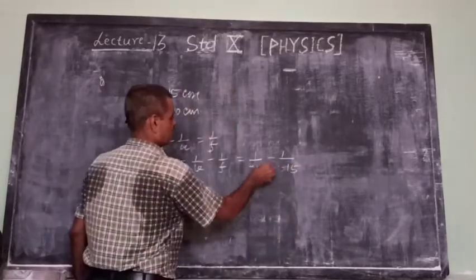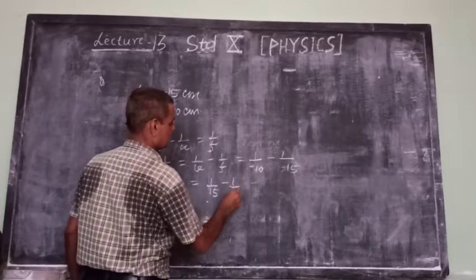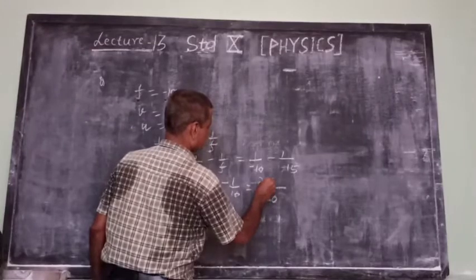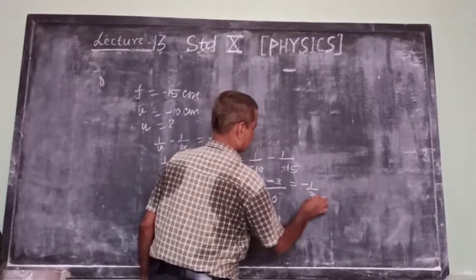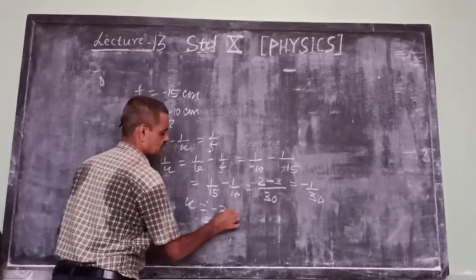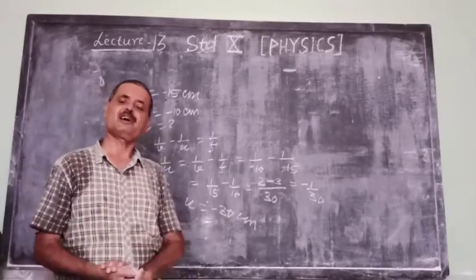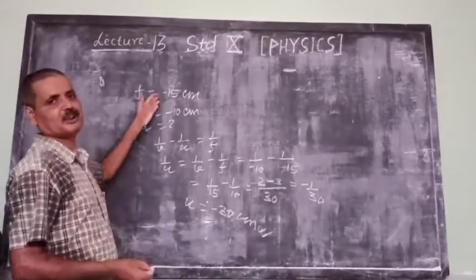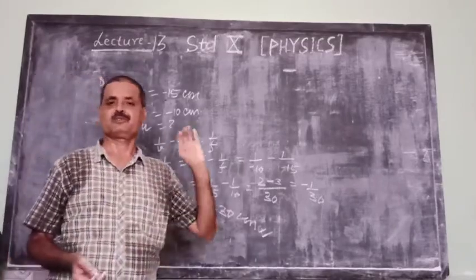So we can write minus minus plus 1 by 15 minus 1 by 10, and the LCM will be 30. It is minus 1 by 30. So U can be written as minus 30 centimeters, meaning the object distance will be 30 centimeters. There should be no problem in it. Just the given item is this, and applying the lens formula we can easily calculate the object distance.